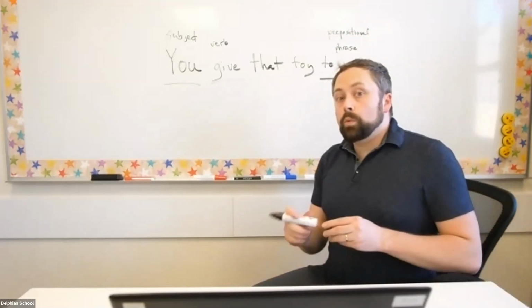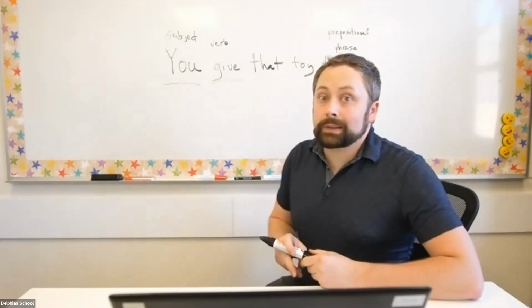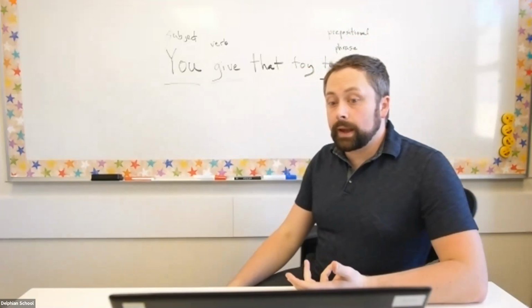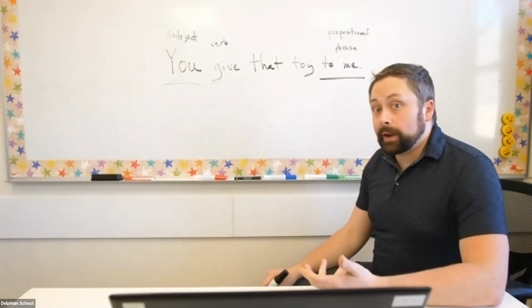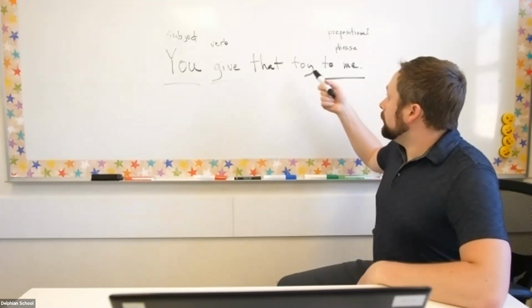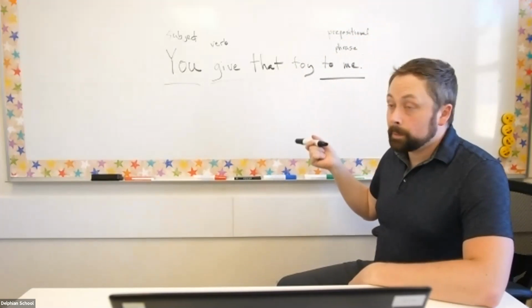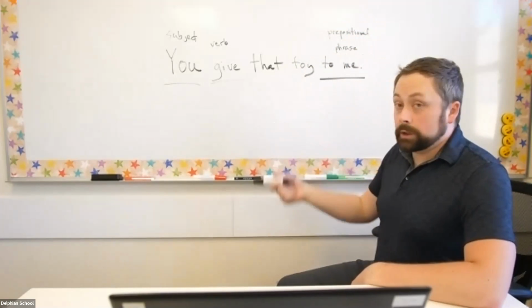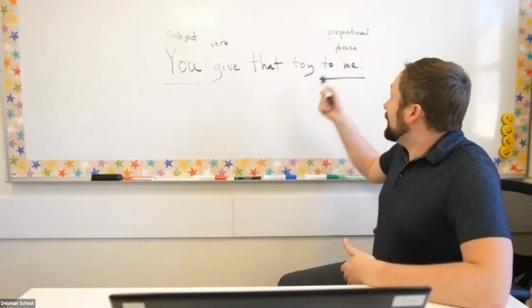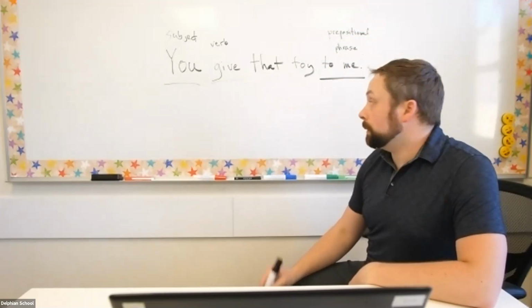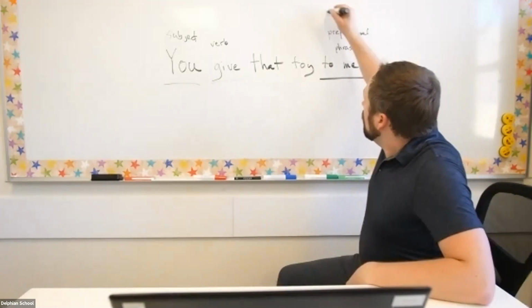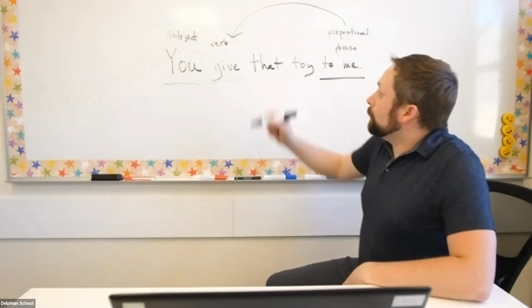So because prepositional phrases act as modifiers, we can also look at, what is this prepositional phrase actually modifying? Is to me telling us something about the toy? No. Is it telling us something about you? No. It's actually telling, who is that supposed to be given to? To me modifies the verb.